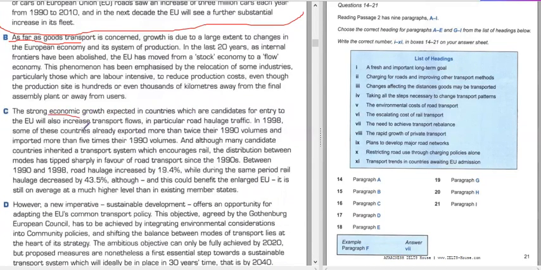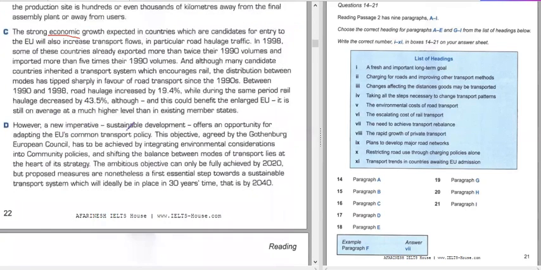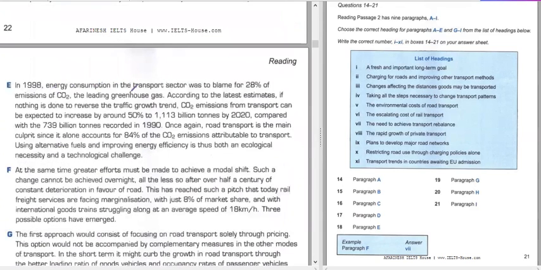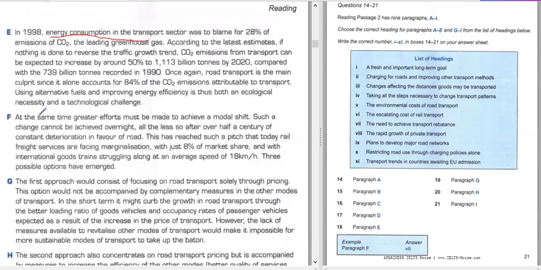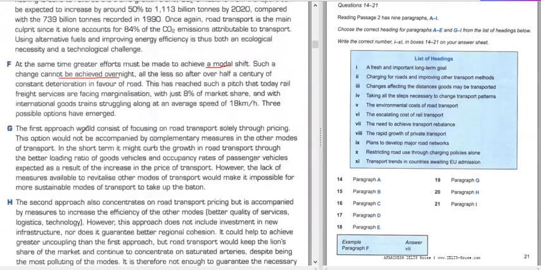However, a new imperative, sustainable development, this is something new, offers an opportunity for adapting to a new EU common transport policy. It's about common transport policy. Energy consumption of the transport sector. At the same time, greater efforts must be made to achieve modal shift. Such a change cannot be achieved overnight. The first approach would consist of focusing on road transport solely through pricing.